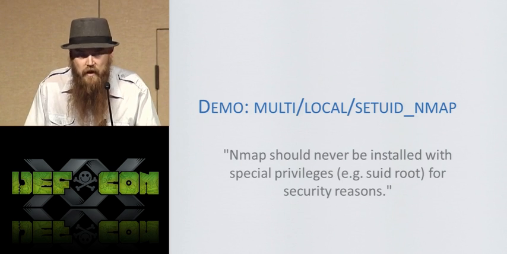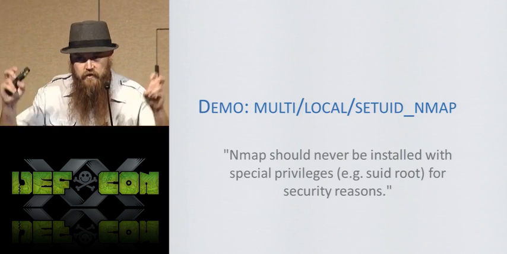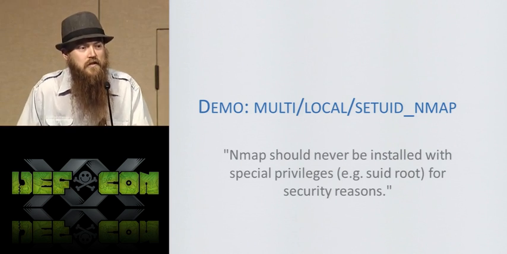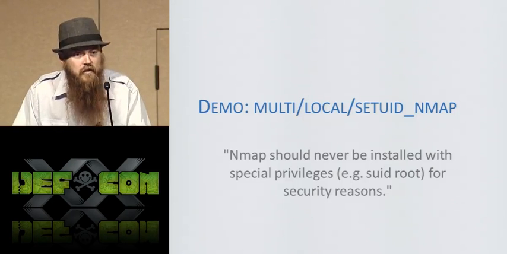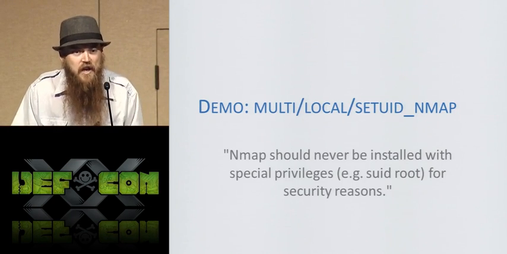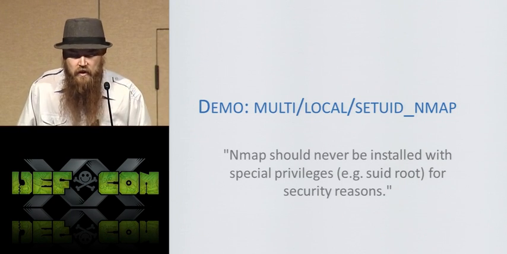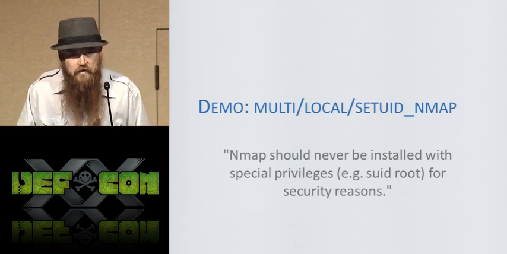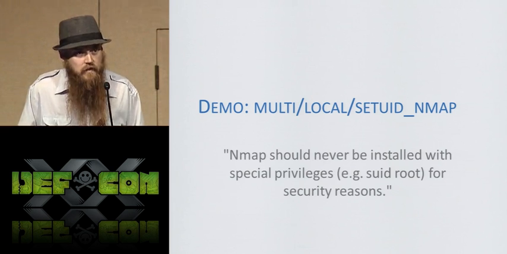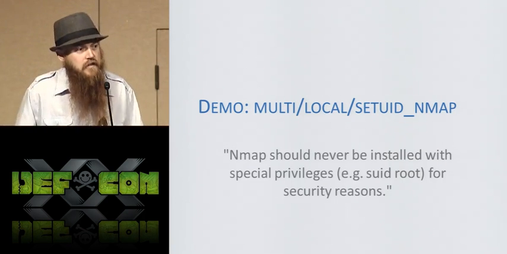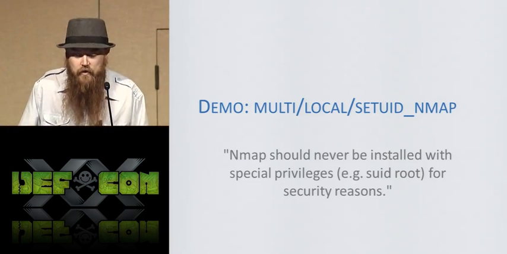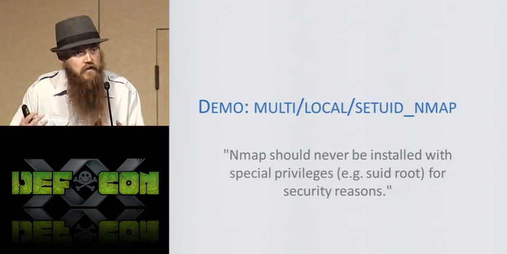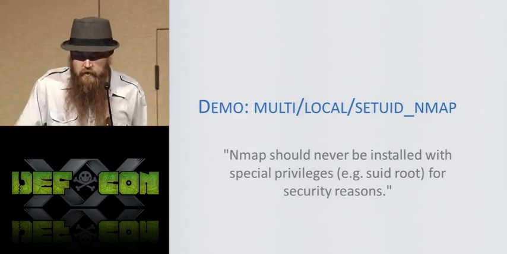So I looked into what security reasons actually means, and it turns out there used to be an option called --interactive, and you just pipe shell commands to it and you win. So they took that out a while back, at about the same time that they added NSE scripts. So now you can just write an NSE script that pipes out to shell commands and you win.